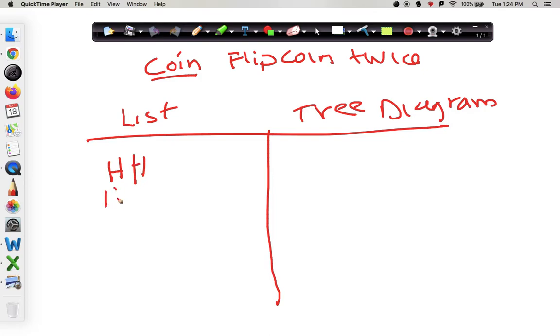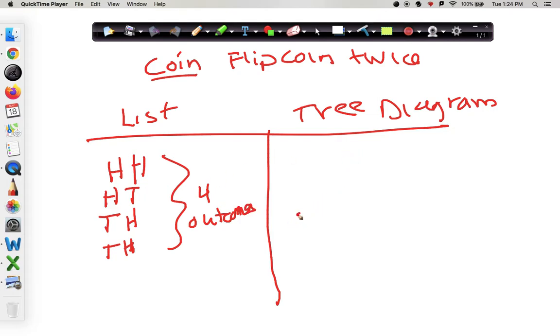Then you get heads and then tails. Another possibility is tails followed by heads, and then tails followed by tails. So that's 4 possible outcomes.